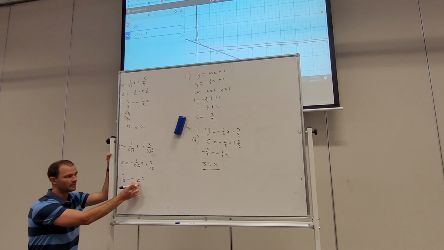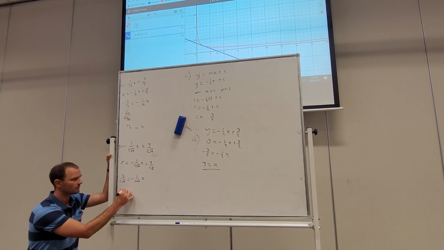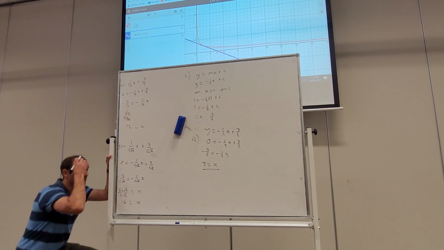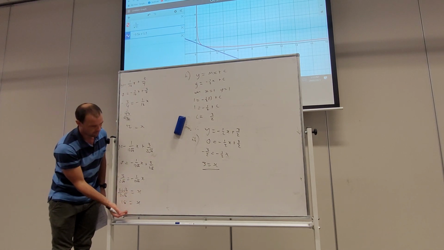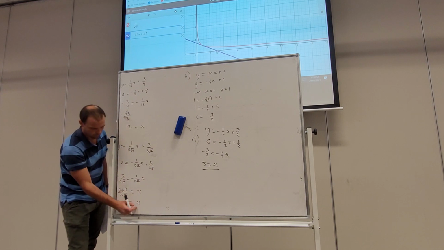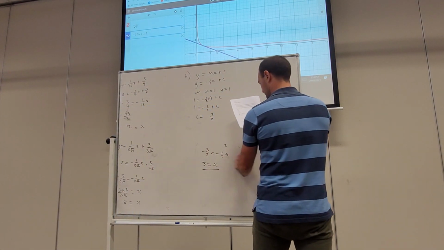I'm timesing both sides by the negative of that denominator, right? So we're going to have 36 root 6 on top of 2 root 6, which is 18. I'm doing the algebra there in my head. You can graph this and g-solve the x-intercept.